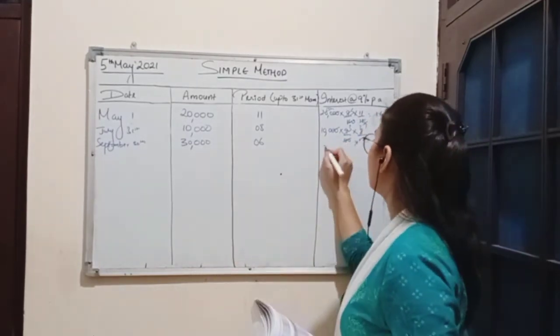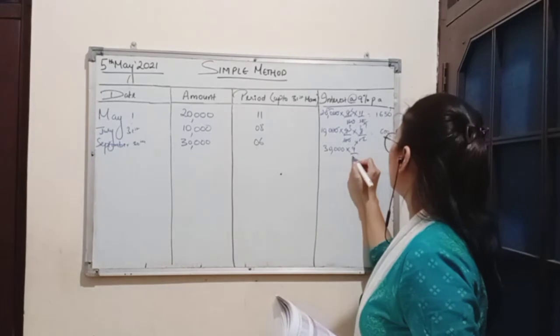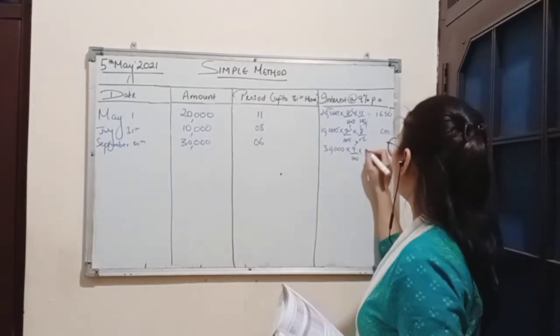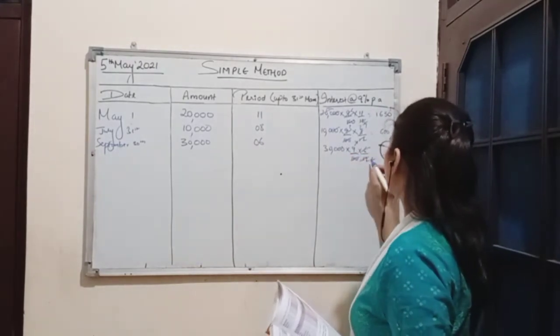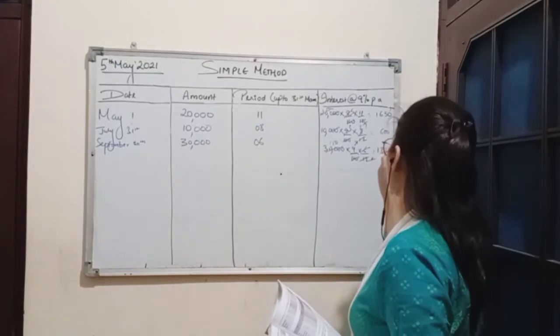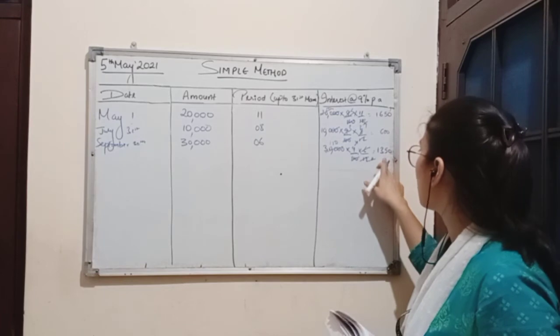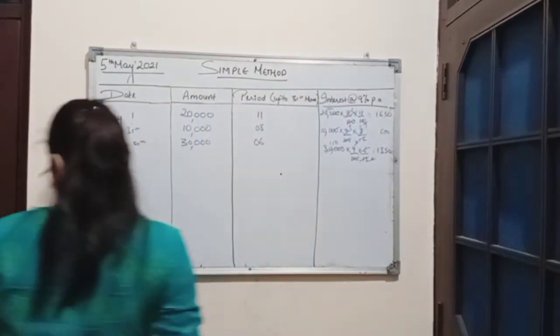Amount is 30,000. Rate of interest on drawings is 9% and the period is 6 months. So we get 1350. So 1350 will be the interest on drawings to be paid by Charu for 6 months.